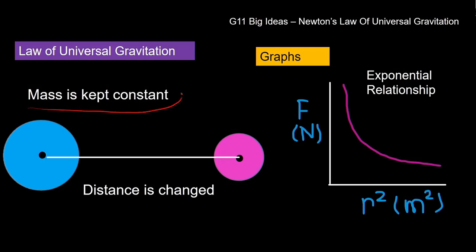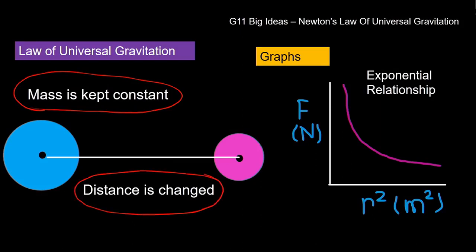And so the second round of experiments would have kept the mass constant. So now we're dealing with objects that have constant mass. So what is going to change then? Well, the distance between them is then changed. Again, this is something that the scientist would do.